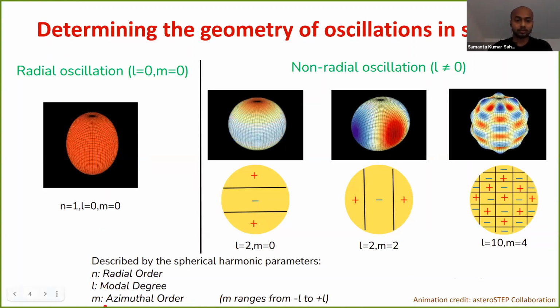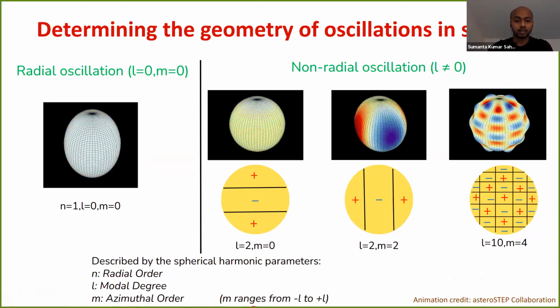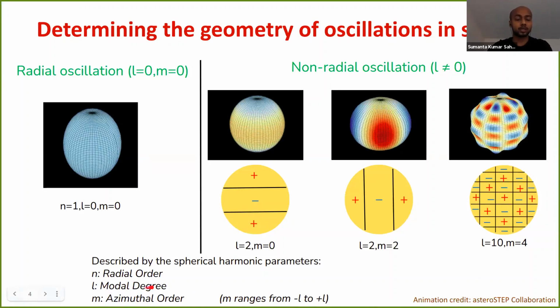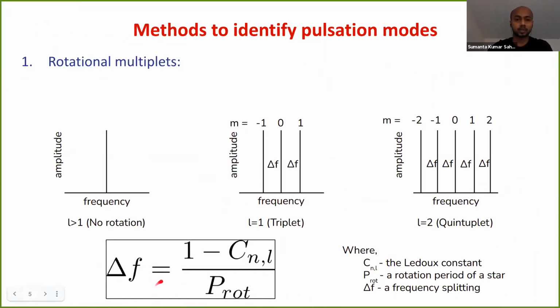If a star is rotating, the splitting will depend upon its modal degree on the frequency peak. So let's say if the modal degree is 1, due to the rotation of the star, it will split into 3, which is called a triplet. Similarly, for L equal to 2, it will split into 5 peaks.